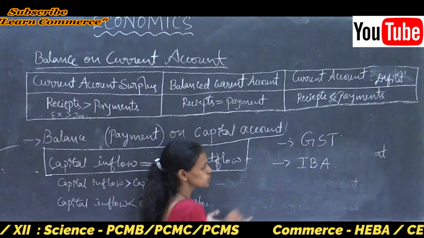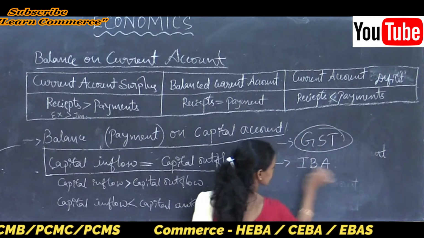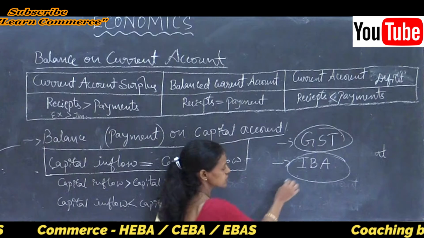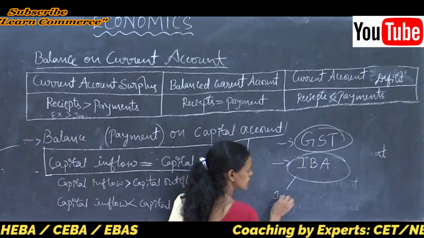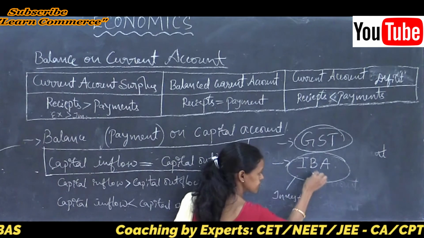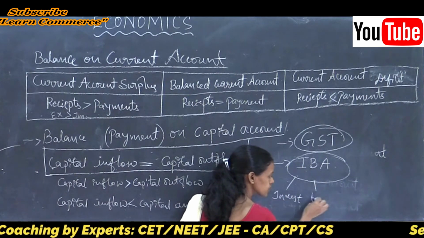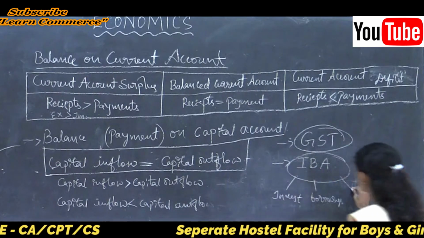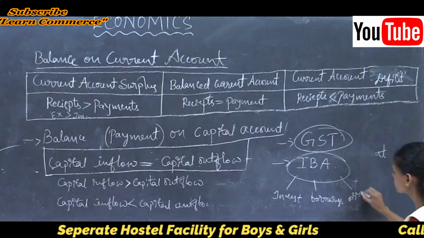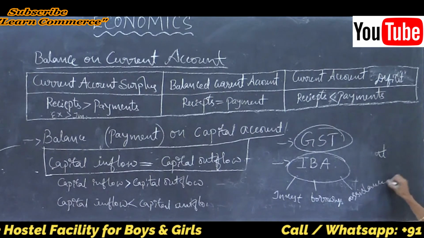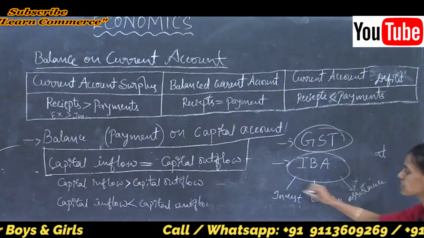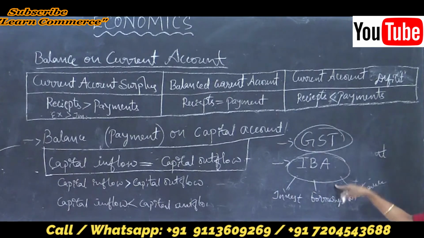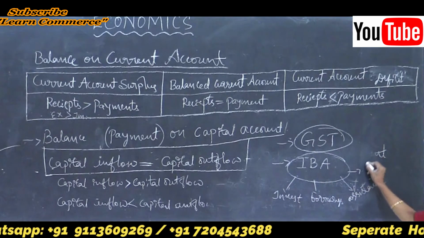Capital account includes IBA. It means investments, borrowings and assistance, that is external borrowings, investments, borrowings and assistance. So it is very easy to remember.